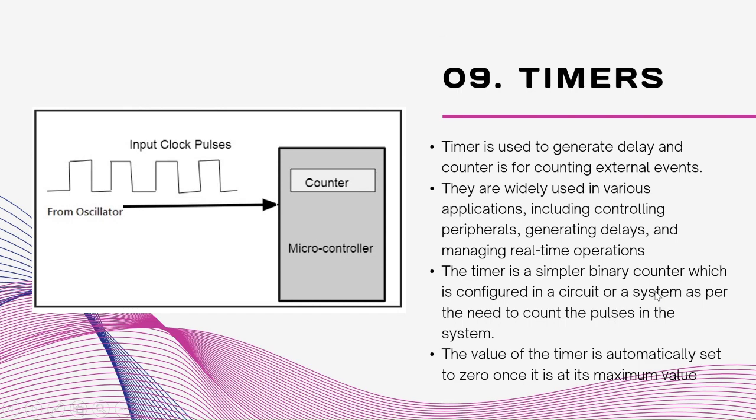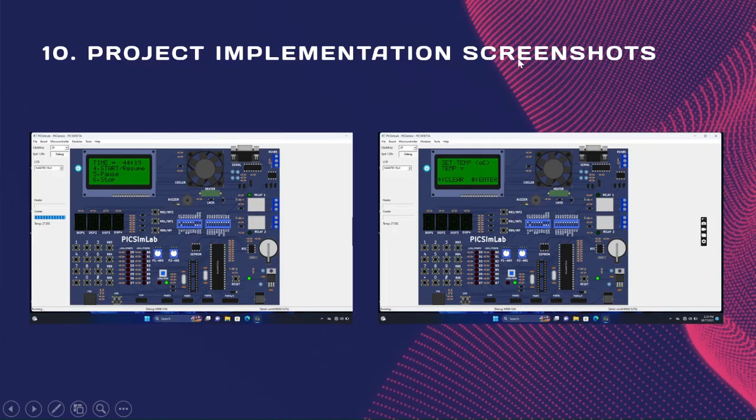The value of the timer is automatically set to 0 once it reaches its maximum value. From the oscillator, the clock pulses are given as an input and the counter in the microcontroller is there for the conversion. So let's have a look at the screenshots of our project implementation of the microwave oven.